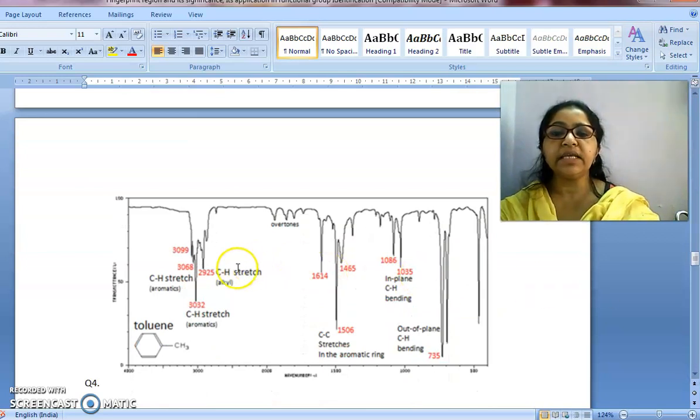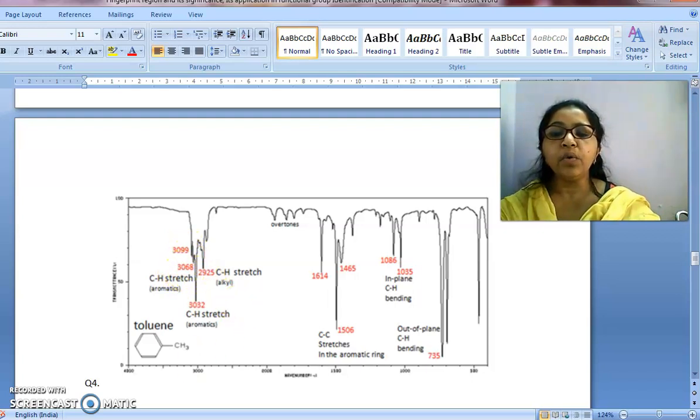Next one, what you see here, you see definitely C-H groups are there. C-H bending is also there, C-H rocking and C-H bending is also there. But here we have more different peaks, that is 3099, 3068.